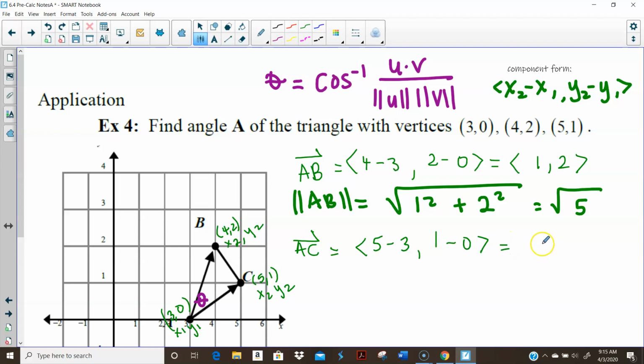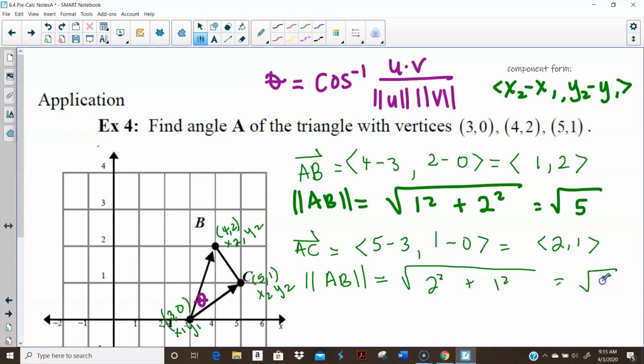The component form of that vector is going to be 2, 1. You'll see that when we try to find the magnitude of that vector, it is going to end up being the same as the other one. Because we're going to have 2 squared plus 1 squared, which is the square root of 5. So the magnitude of both of these vectors is root 5.